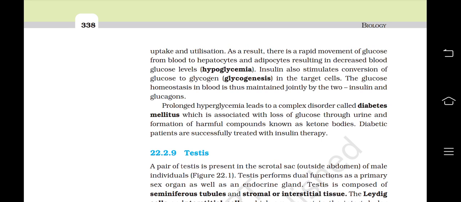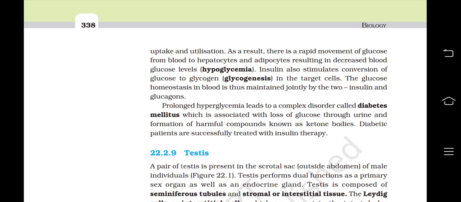As a result, there is a rapid movement of glucose from blood to hepatocytes and adipocytes, resulting in decreased blood glucose levels, hypoglycemia. Insulin also stimulates conversion of glucose to glycogen, glycogenesis, in the target cells. The glucose homeostasis in blood is thus maintained jointly by the two, insulin and glucagon.